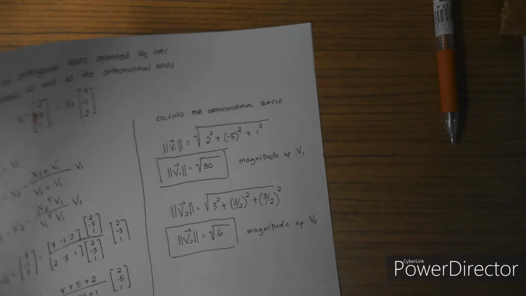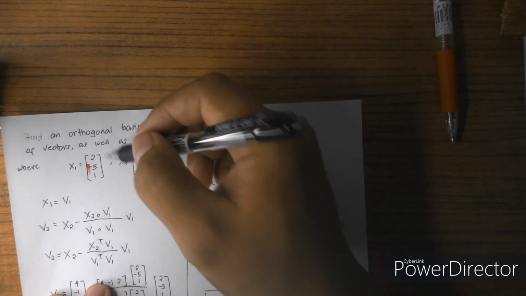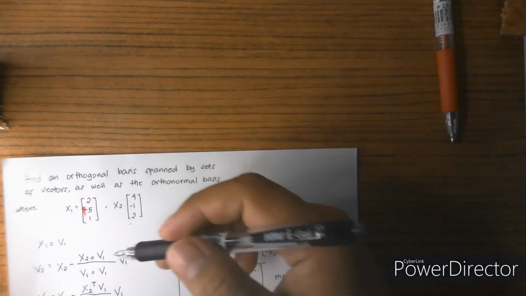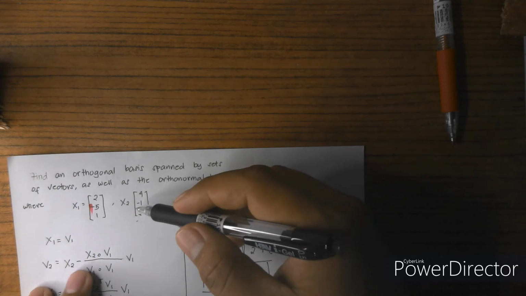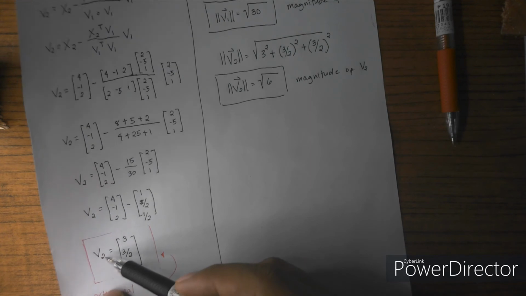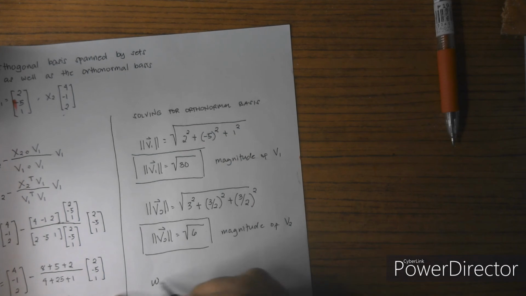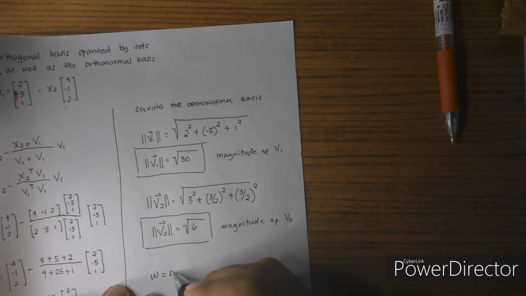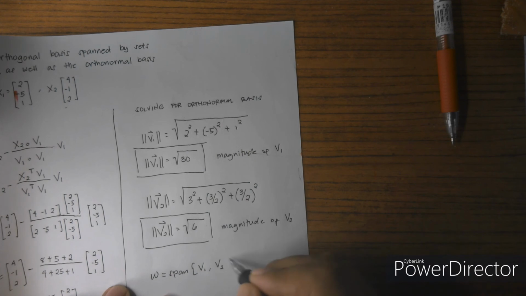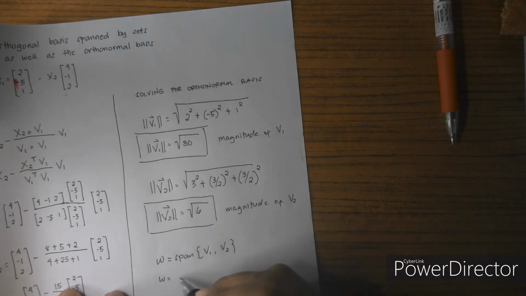Now we can proceed to solving for the span of v1 and v2. By the way, the span means the distance between the two vectors. We already have vector 1 and vector 2, so we will solve for the span. The span W is equal to the span of v sub 1 and v sub 2.